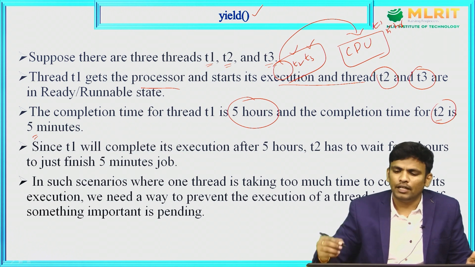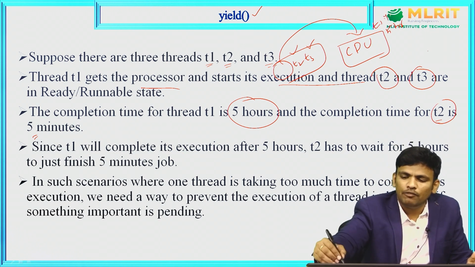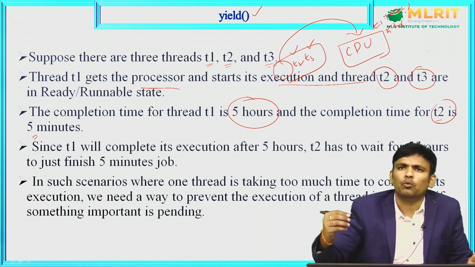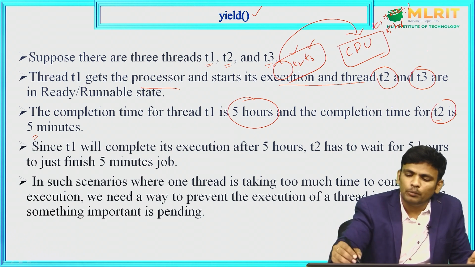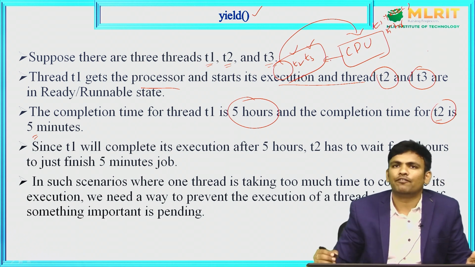If you apply yield on T1, every time it will check the thread pool, and if any higher priority threads are waiting for the CPU, it will stop the execution and yield the CPU to those higher priority threads. That is the idea of the yield method.